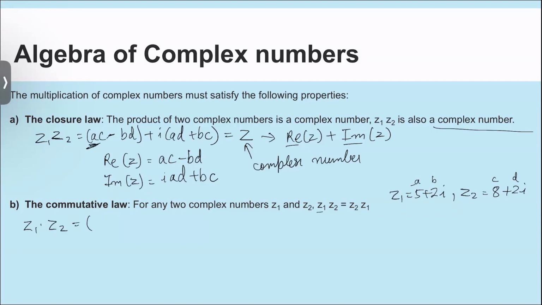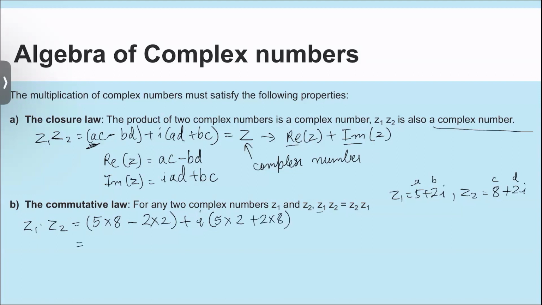What you get is 5 multiplied by 8 minus 2 multiplied by 2, plus i times (5 multiplied by 2 plus 2 multiplied by 8).